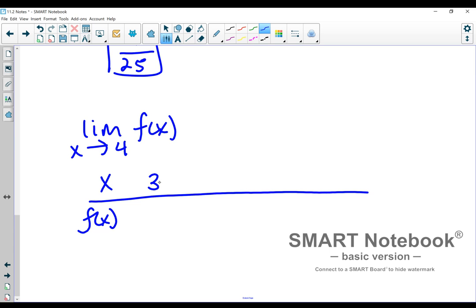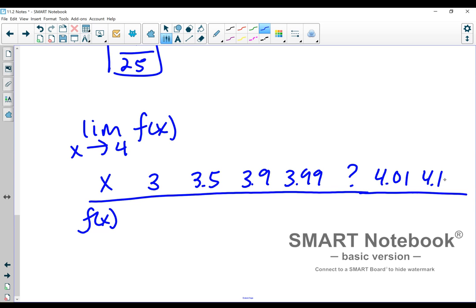I might start with 3 and then 3.5 and then 3.9 and 3.99. I'm trying to see what happens when x is 4. And then maybe I look at 4.01 or 4.1 or 4.5. So that's how we'd be making a table.